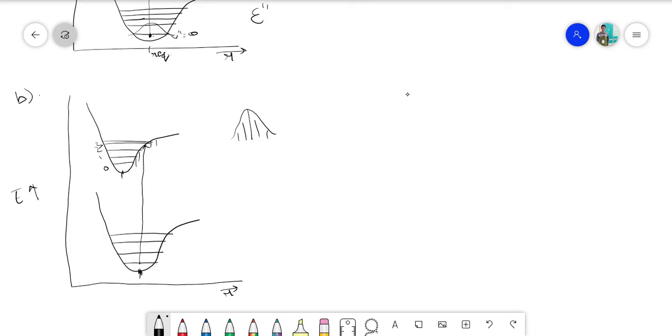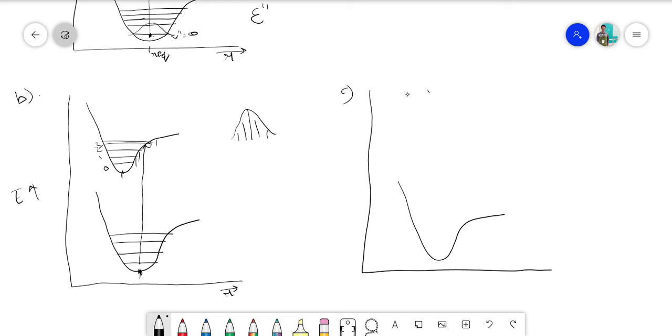Similarly, the first case was when both the electronic states had the same internuclear distance. The second case was when the excited electronic state had lower internuclear distance than the ground state. The third case that we consider is the one in which the excited electronic state has higher internuclear distance, so this would be a bit on the side.